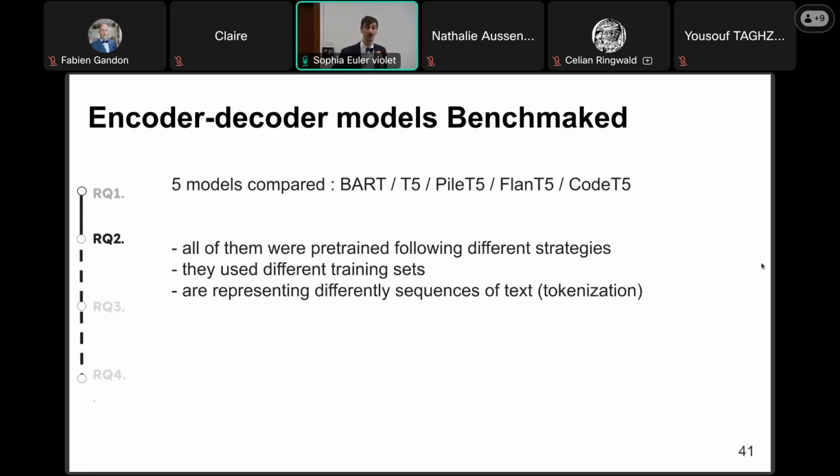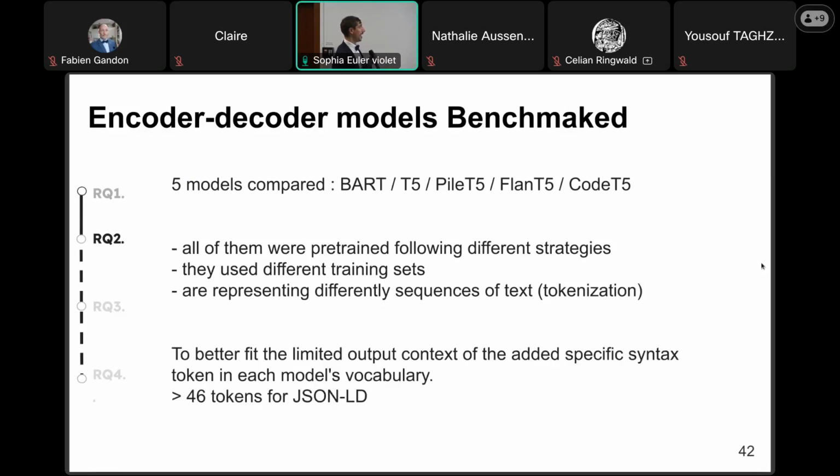They all use different training sets, and they represent the sequence of text differently using different tokenization strategies. And to benefit from the limited context of each model, we also added specific syntax tokens to the model's vocabulary. In the case of JSON-LD, which is a really verbose syntax, we added 46 tokens.